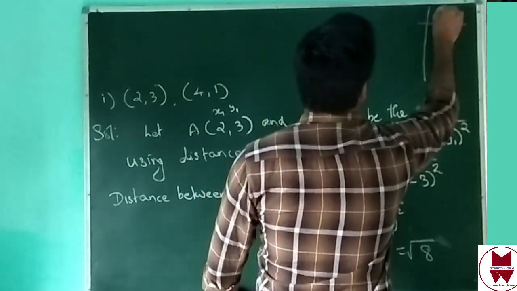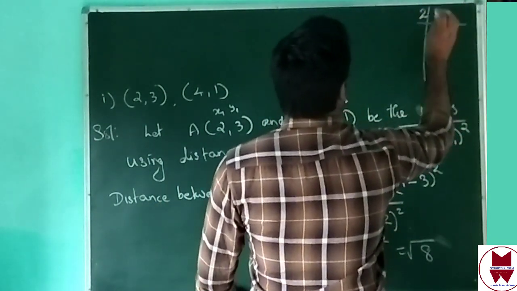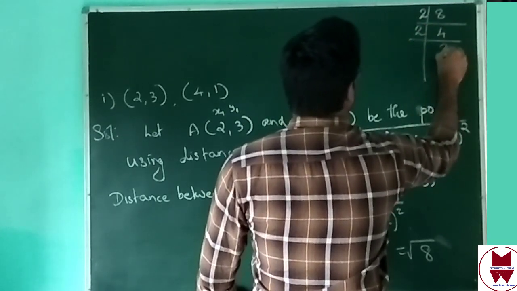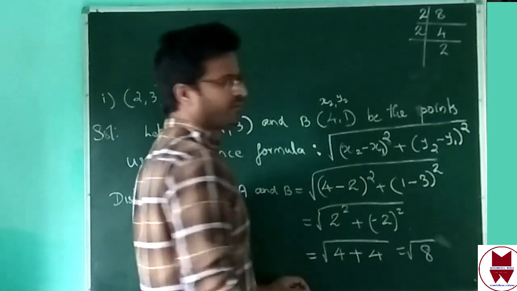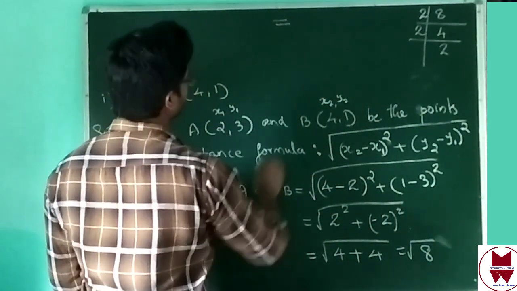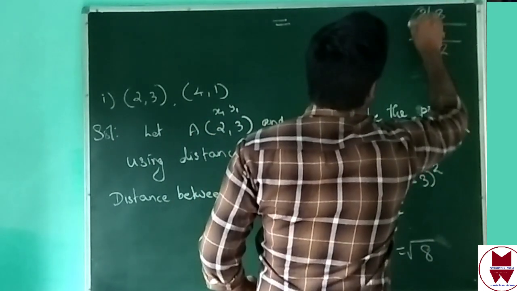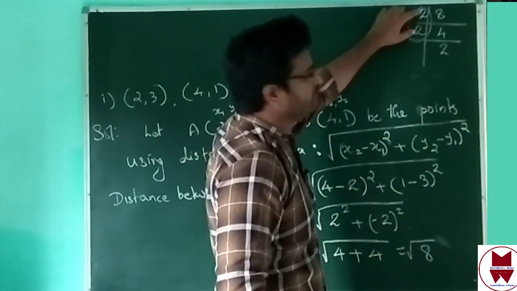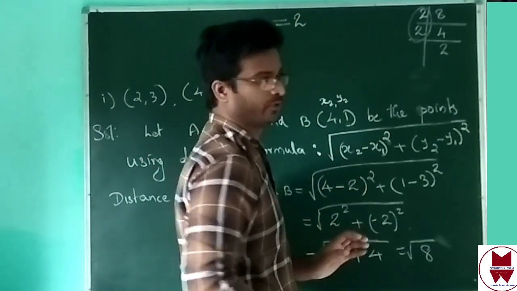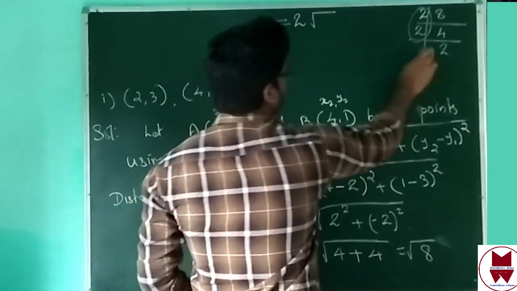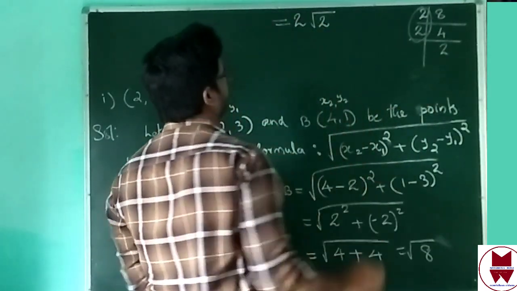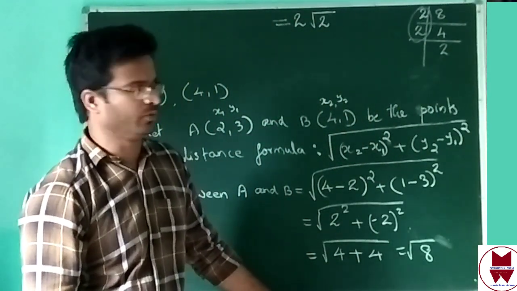Factorize that 8. 8 means we can divide by 2, then 4, again 2, 2. When you factorize, you will get this. Out of these 2 2's, take one 2 outside. When you take the square root, which number remains? 2. Answer is 2 root 2.